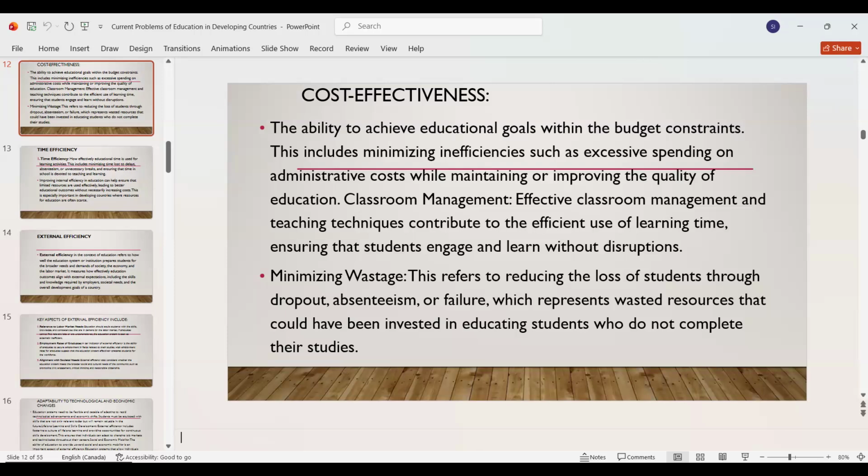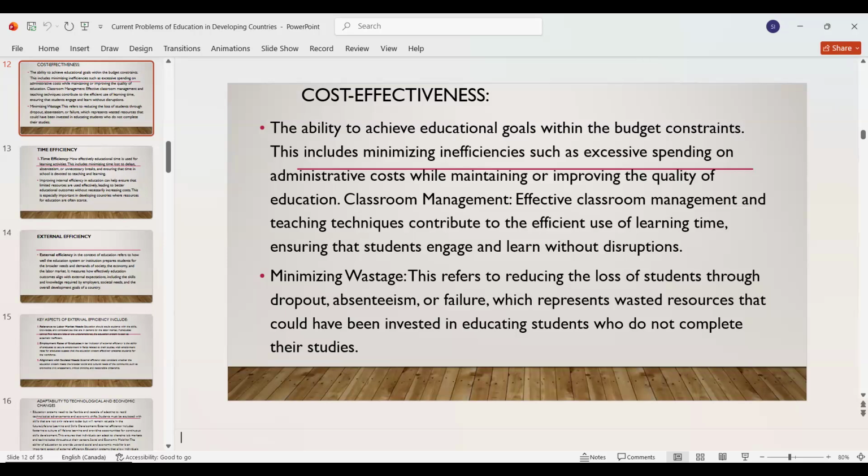Effective classroom management and teaching techniques contribute to the efficient use of learning time, ensuring that students engage and learn without disruption, right? If the children are going to be from 7:30 to 1:30 in the school, even after school they will do some activities.